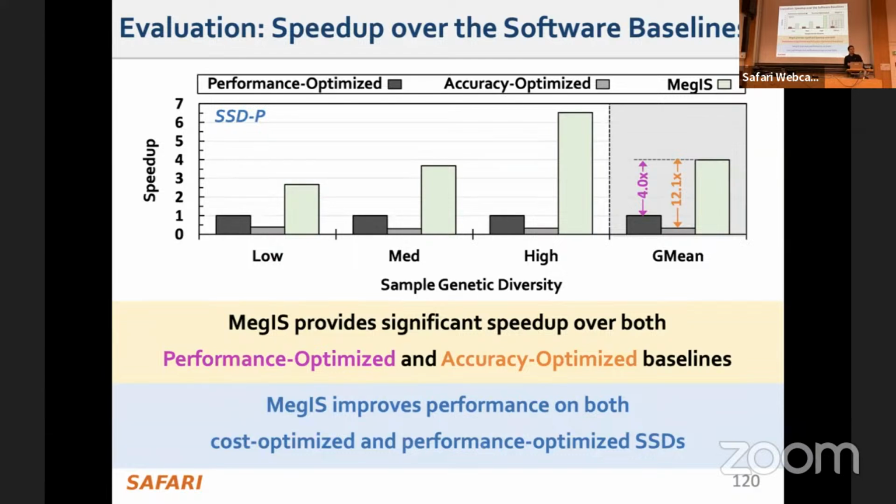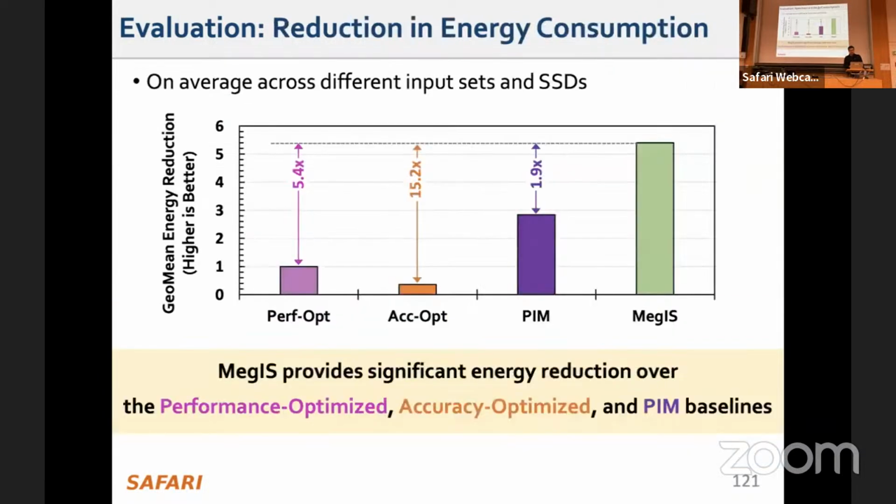So you can see, by simply reducing the data movement and doing the important operations quickly inside the SSD, you can perform much better than these CPU works. We also look at the energy consumed using the performance optimized and accuracy optimized baselines, and also looking at PIM.